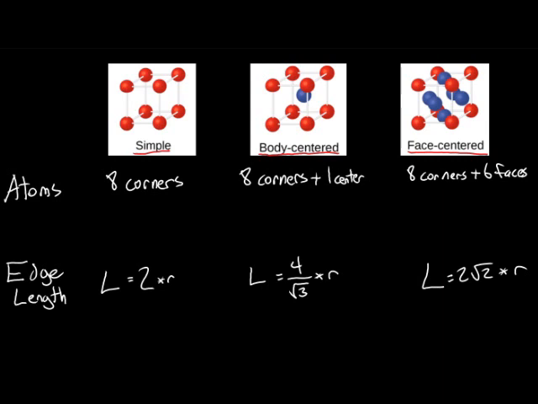Now, if you look at the diagram first for simple cubic, you may think that there are 8 atoms inside of this cube, but atoms on the corner are only 1/8 of the way inside of the cube. So if we are to look at the number of atoms inside of this unit cell, we'll note that there are 8 atoms, but all of them are corners.